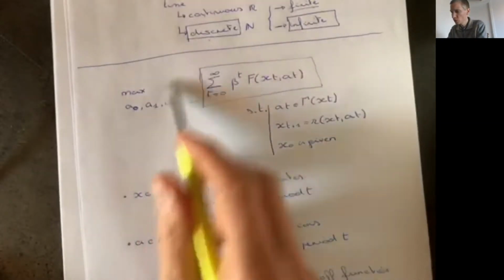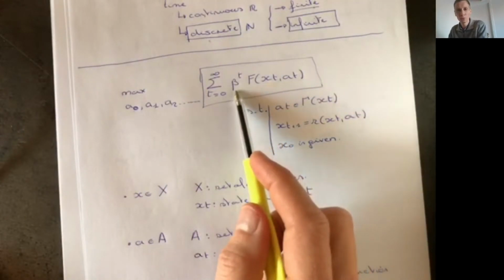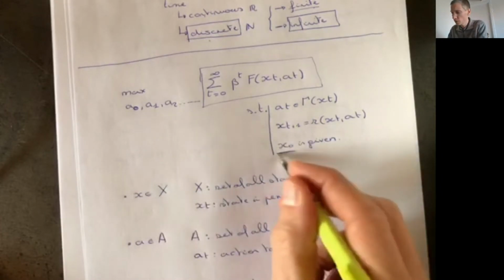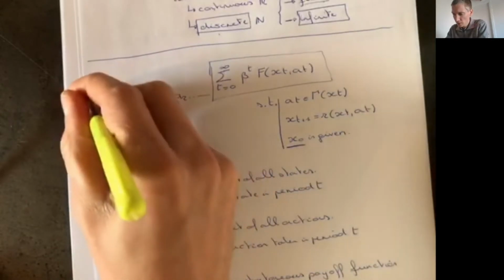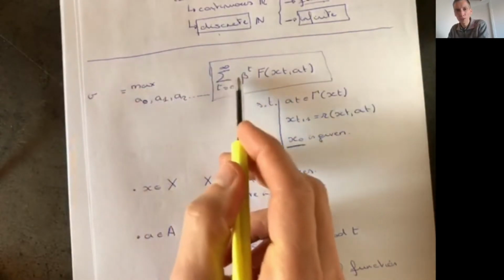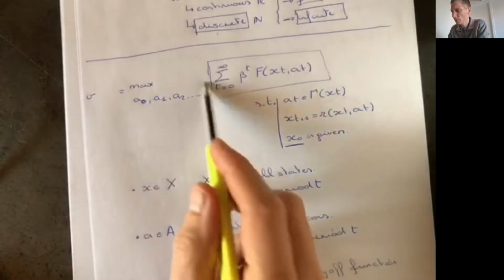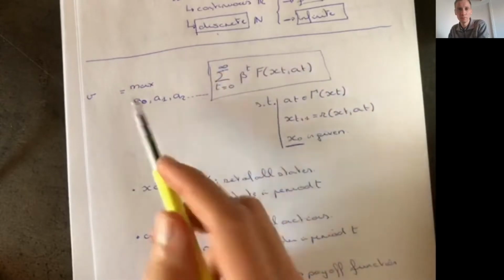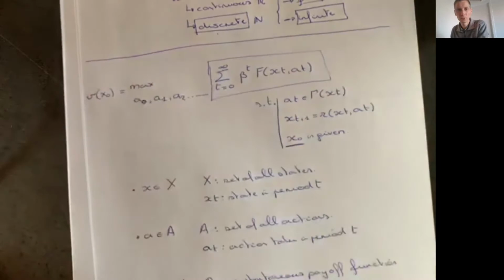Okay, so this means that the solution of this maximization problem will depend on the functions and on the beta and on the gamma and on the r. But apart from this, the only parameter here is x0. So the value function, the number that I will get out of this problem, if I can solve it, which is going to give me the value of this maximum, is only going to depend on x0.